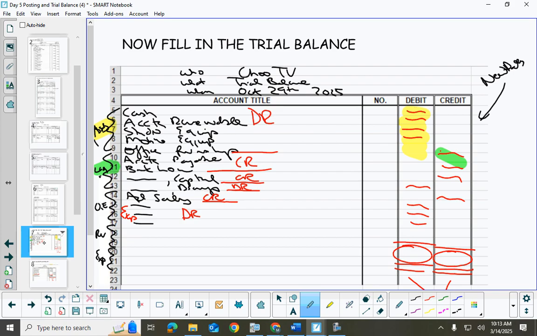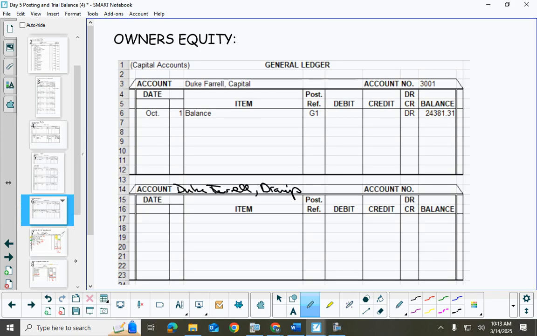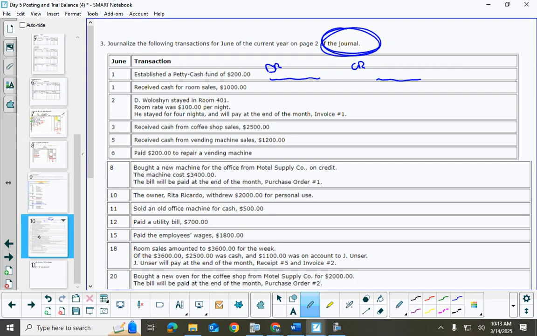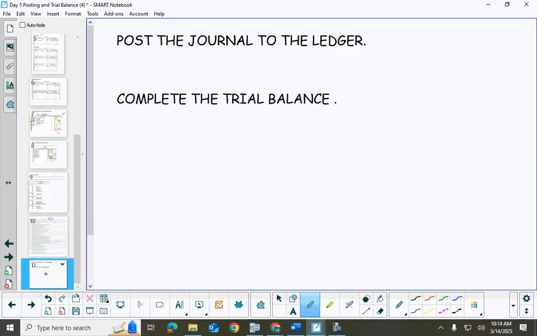So this assignment is 3 things. You are going to do a general journal for the transactions. You've done 3 of these now. Once you have done the general journal, you're going to take those numbers and put them into the ledger. Once you have the new final balances, you're going to put those into the trial balance.